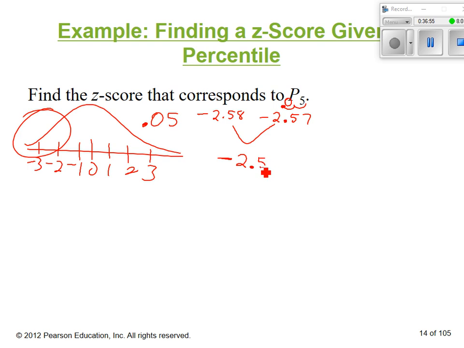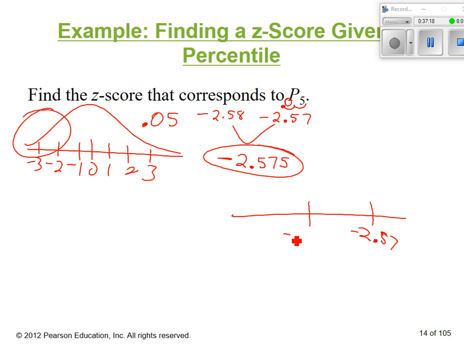2.6, or no, hold on, 575, it could be any of those. Wait, how would I thought it'd be 5? Because it's right in between those two. So if I'm on the number line, and this is -2.57, this is -2.58, what's going to be exactly halfway in the middle here?